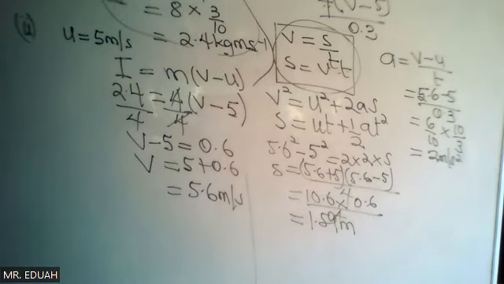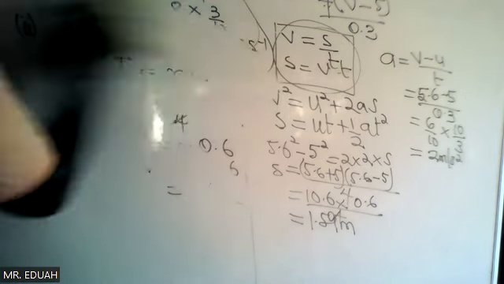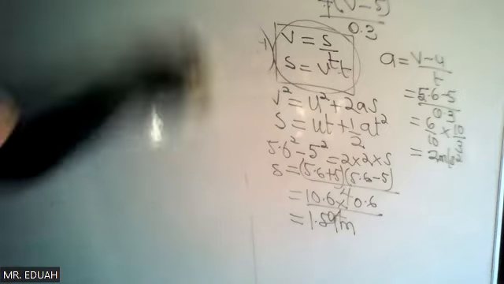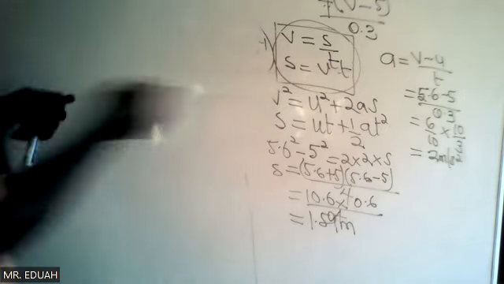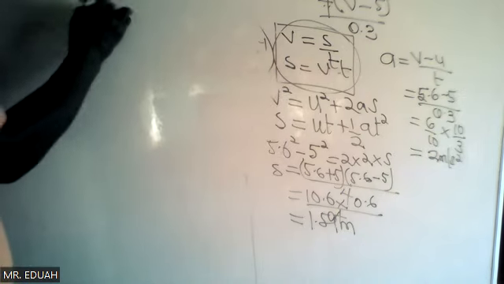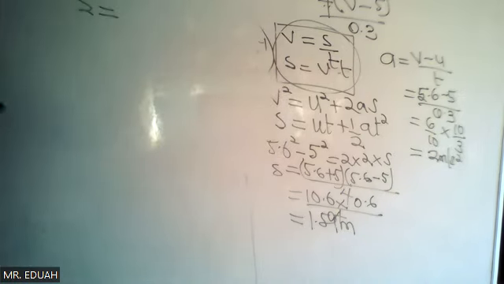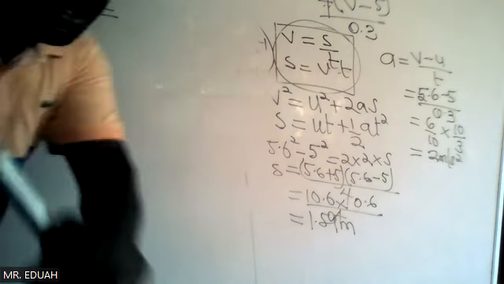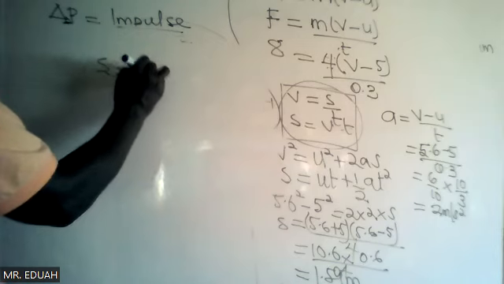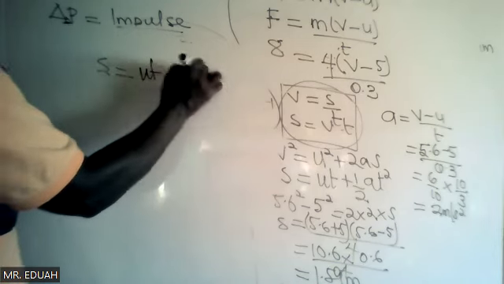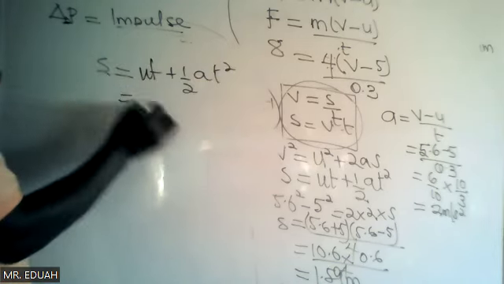Let's also use the other formula to see if we can get the same thing. When we use the second equation of motion, S is equal to UT plus half AT squared. What is U?